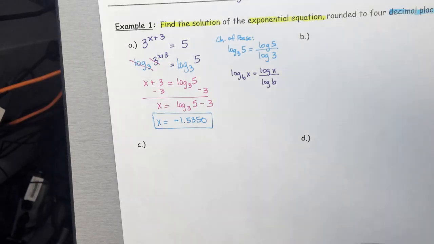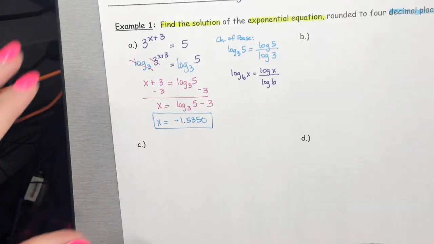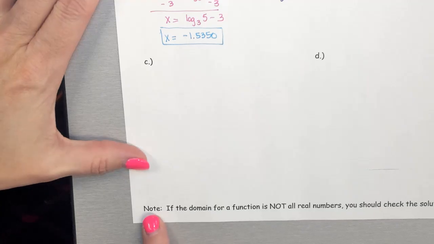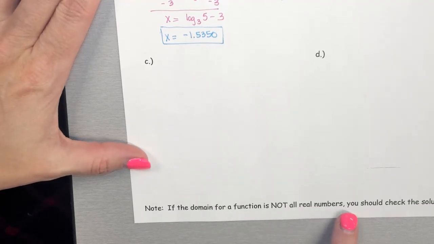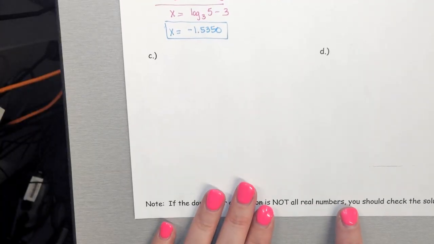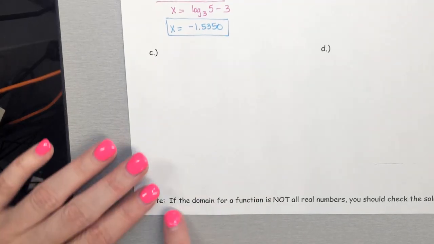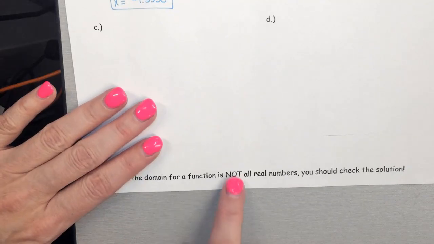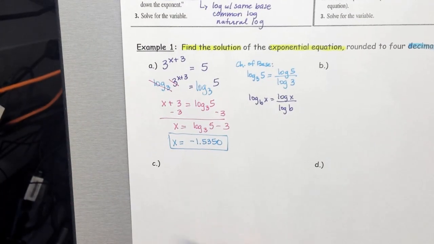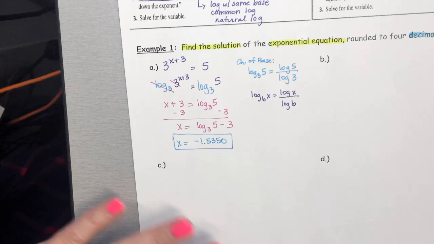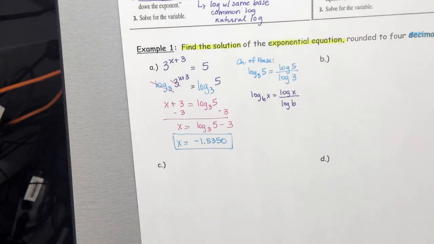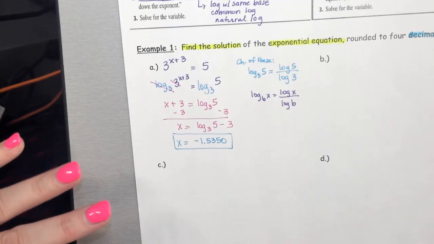Now when you are doing these, you might have noticed this little note at the bottom. If the domain for a function is not all real numbers, you should check your solution and make sure that it's not extraneous. If you don't have any restrictions like your logs or your fractions, then your domain is all real numbers and you don't have to worry about doing the check.